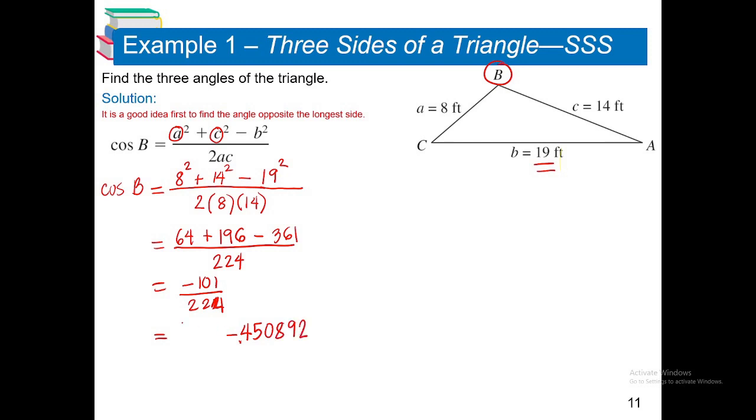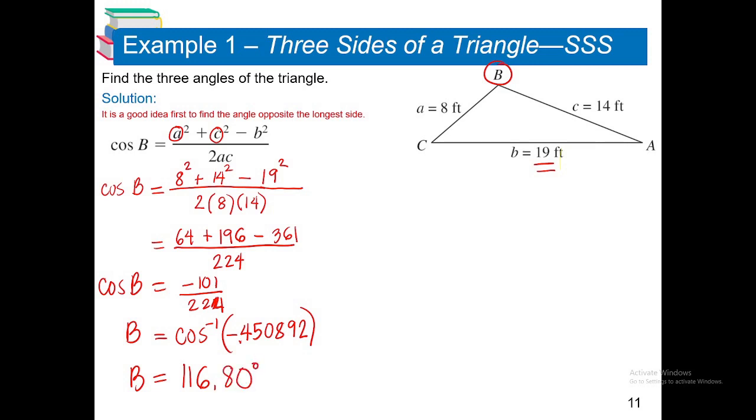And since we are looking for the angle, it is cosine B, so we move the cosine to the other side, making it cosine inverse. Shift cosine, then write your answer, negative 0.450892. How much is the answer in your calculator in 2 decimal places? 116.80.